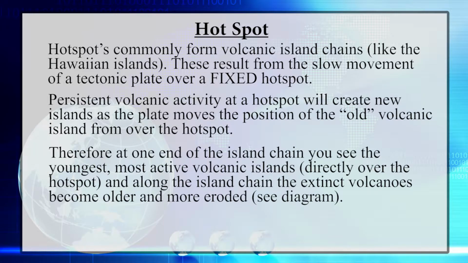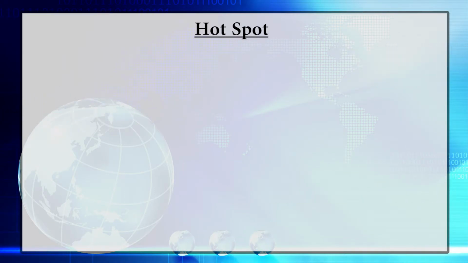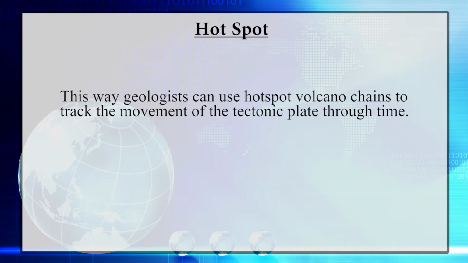Therefore, at one end of the island chain you see the youngest, most active volcanic island, and along the island chain the extinct volcanoes become older and more eroded. This way, geologists can use hotspot volcano chains to track the movement of the tectonic plates through time.